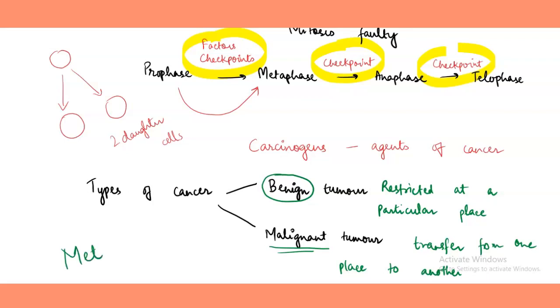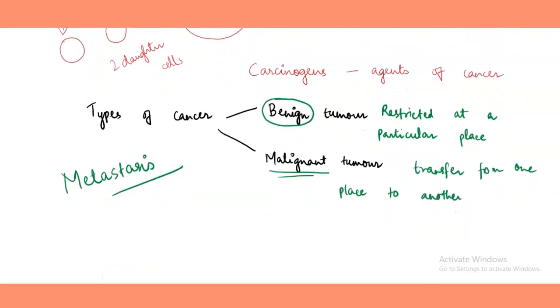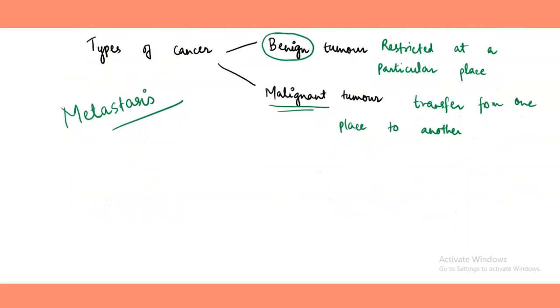This property of getting transferred to a healthy part is known as metastasis. So malignant tumors have the ability to invade a healthy part. They show the property of metastasis, whereby the healthy cells also get affected. So carcinogens are the agents, benign tumors are restricted to a place, and malignant ones have the capacity to move from one place to another because they show metastasis.